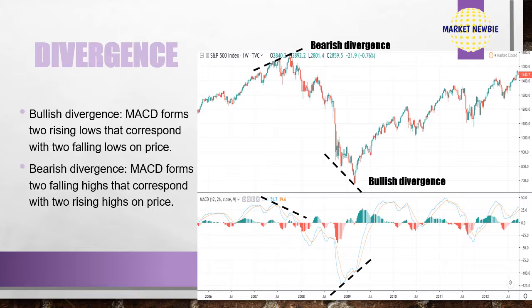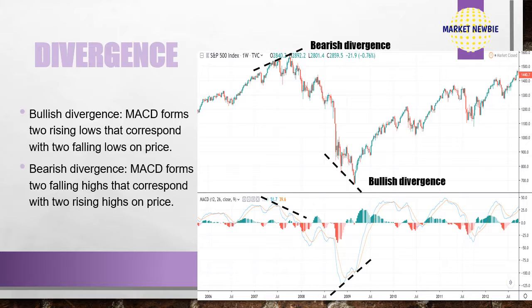The first argument we would like to make here is that it's hard to detect divergence when you are still in the middle of it. One situation is that you think it is a divergence, but later it turns out it's not. It's always easy to go back to historic charts and say, hey, that's a divergence. But what really matters is whether we can detect the divergence when it's still ongoing.